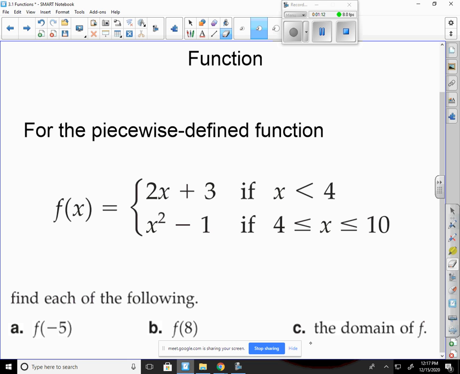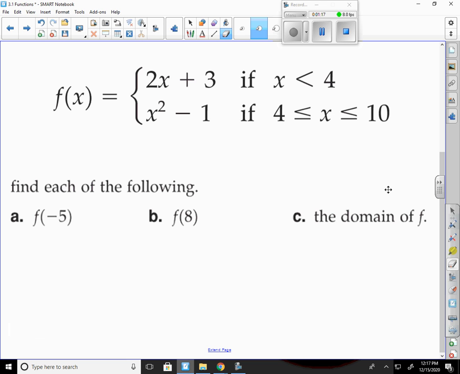So, for each of the following, if I'm plugging in f of negative 5, that means I need to plug negative 5 into one of these two equations. Which equation would I plug it into, the top or the bottom? I would plug it into the top because negative 5 is less than 4.